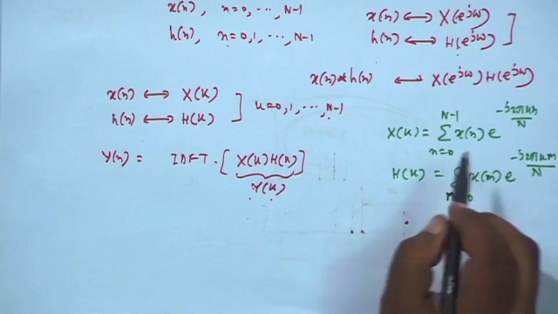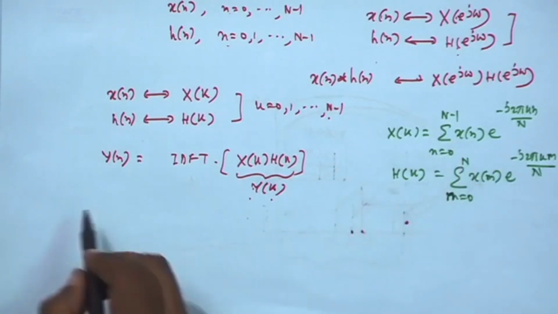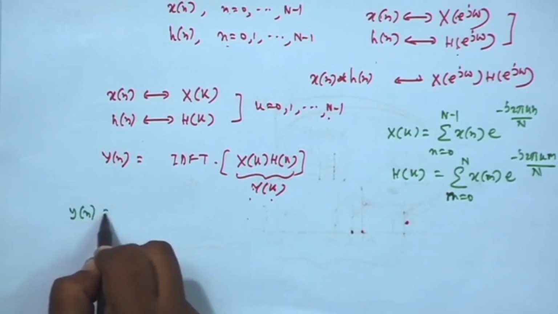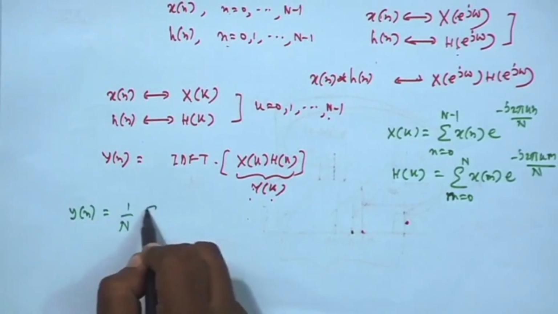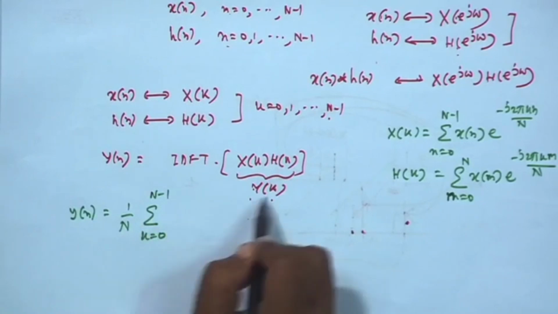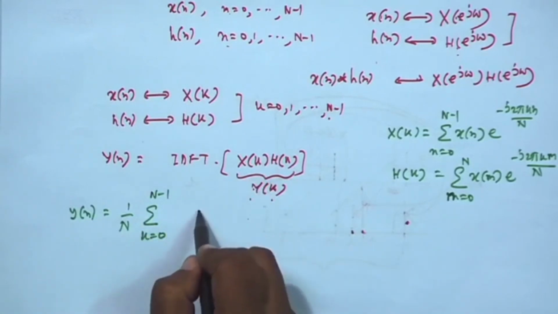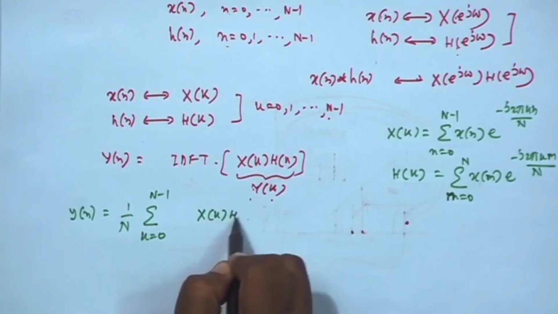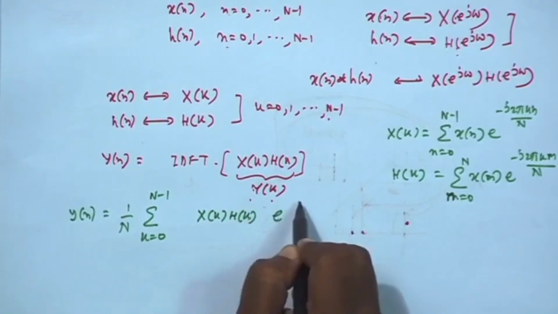Now, IDFT, that means y n is 1 by capital N, summation over k, y k, that is this product, e to the power j.